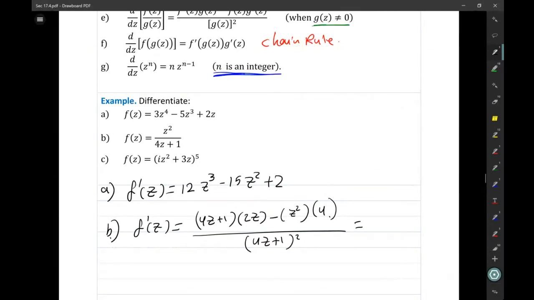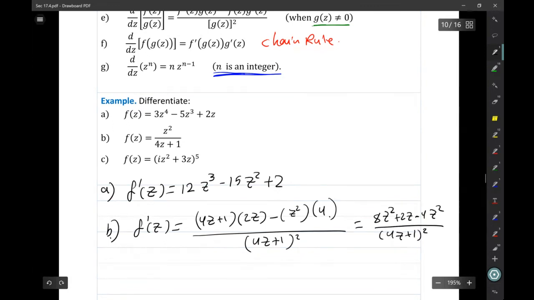That becomes 8z square plus 2z minus 4z square, divided by (4z plus 1) squared. This equals 8z minus... we get 4z square minus 2z plus 2z, over (4z plus 1) squared.